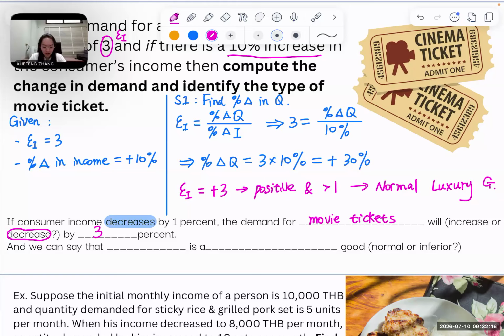Again, we can see that movie ticket, maybe I need to delete the S, because here it is singular, is a normal luxury good.